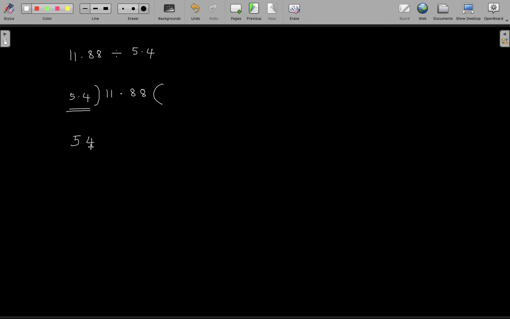In this case it is 54. So what I need to do is shift this decimal point one position towards the right. The decimal in the dividend also will be moving one position towards the right. Now this will become 118.8.